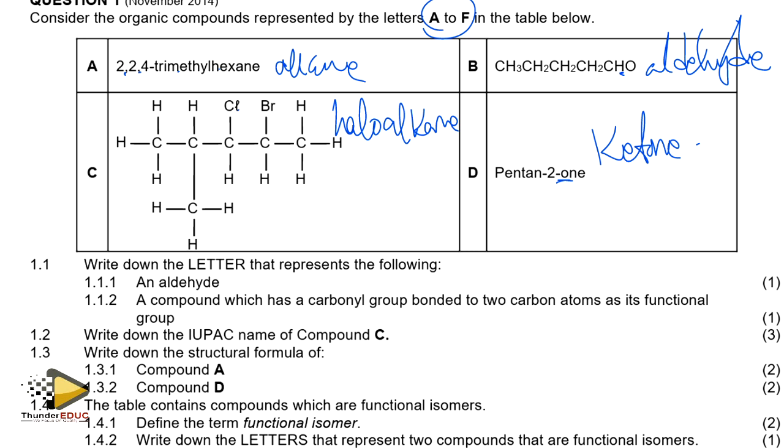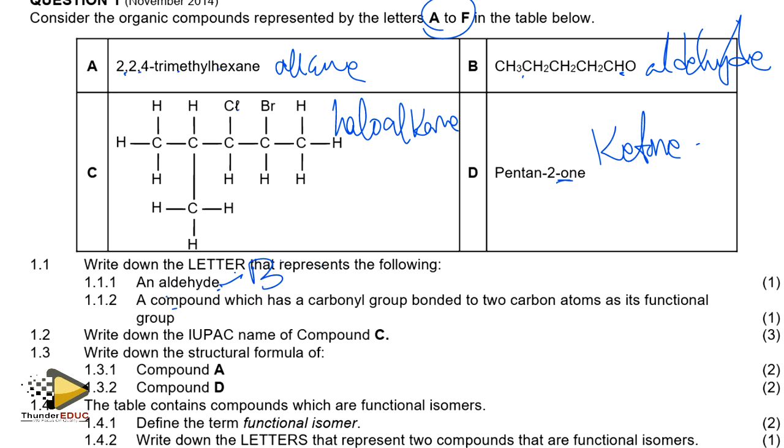Now write down the letters that represent the following: an aldehyde. You see, you have already said it, so it becomes simple for you. So it becomes P. Compound which has the carbonyl group bonded to two carbon atoms as its functional group.